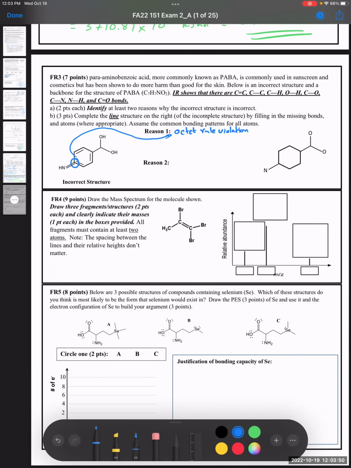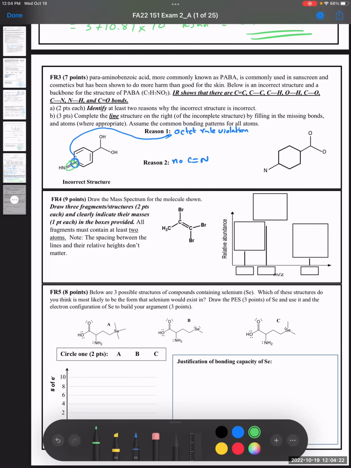And also, there are no carbon-nitrogen double bonds, right? If you look at this IR spectra, there's no carbon-nitrogen double bonds. So you can include this in reason two if you want. No CN double bonds, because here's a double bond over here, a CN double bond.